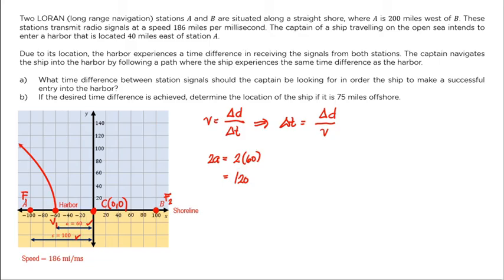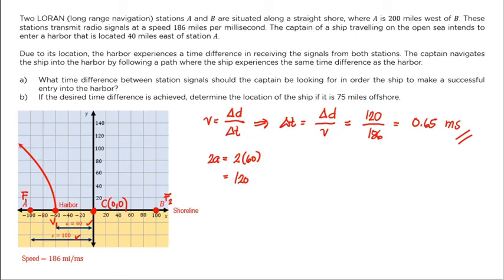And that will be our value for delta D. So by substitution now, we will now have 120 over the speed, which is 186. Okay? 120 over 186 is just equal to 0.65. The unit of measurement is milliseconds. So this is now the answer for letter A.